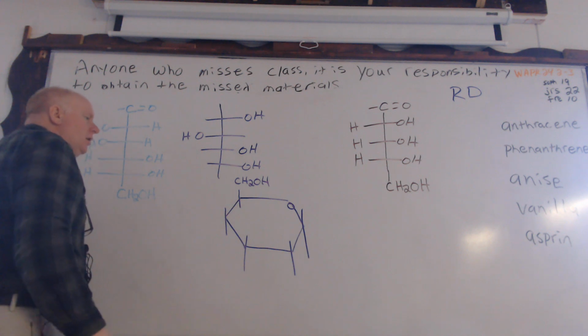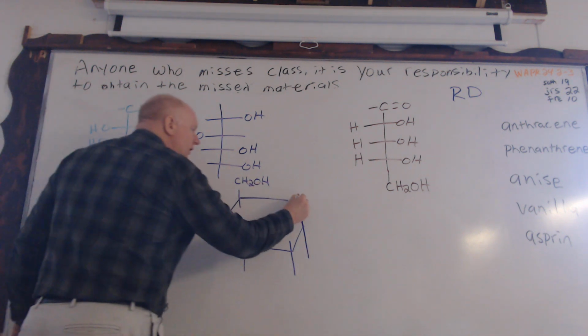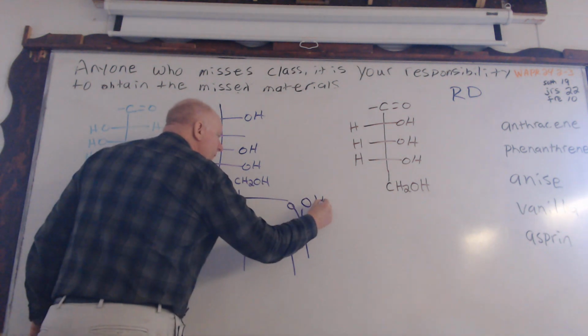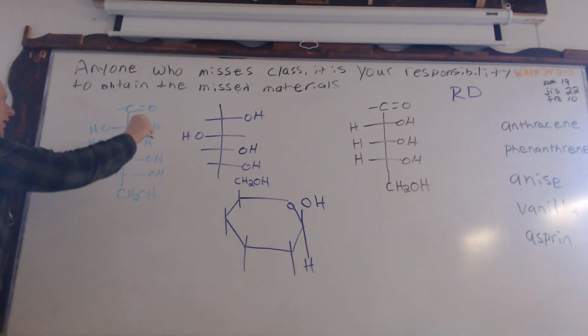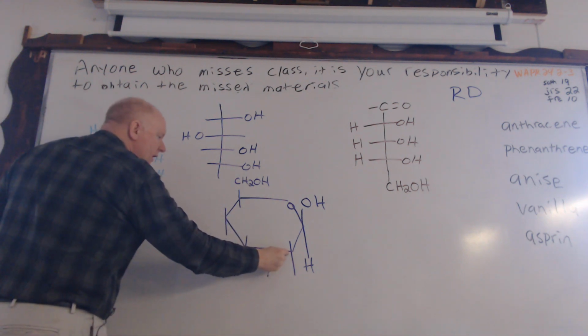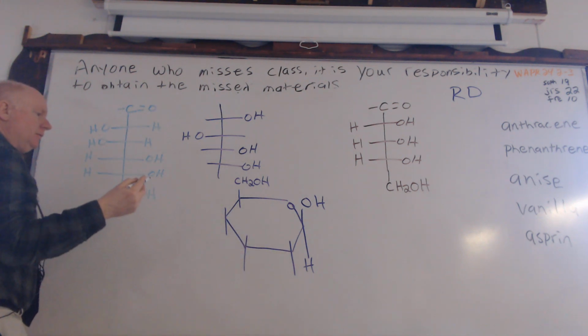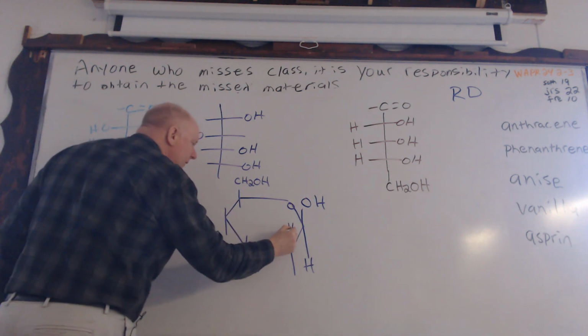Okay, so do we want this to be an alpha or a beta monomer here? We've seen alpha. Let's make that beta then. So that means this is on the top side now. Okay, so let's look at carbon number 2, which is right here. Where's that OH molecule? It's on the top side.